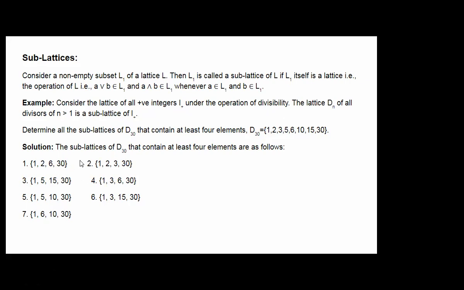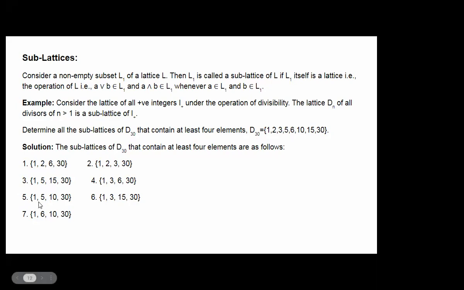Now, how is the solution given here? We can see it for D30. What we have to do is contain at least 4 elements. Because here we know 1 is the lower bound and 30 is the upper bound, in between we can take anything, but 1 and 30 are common. 1 is the least bound, 30 is the upper bound.